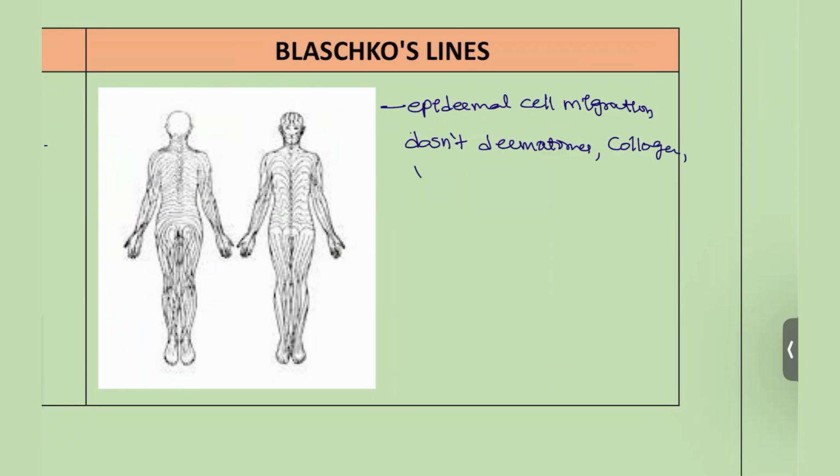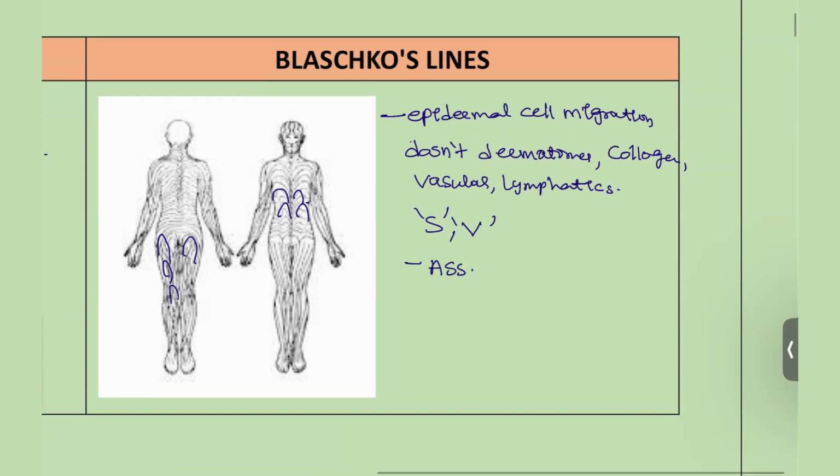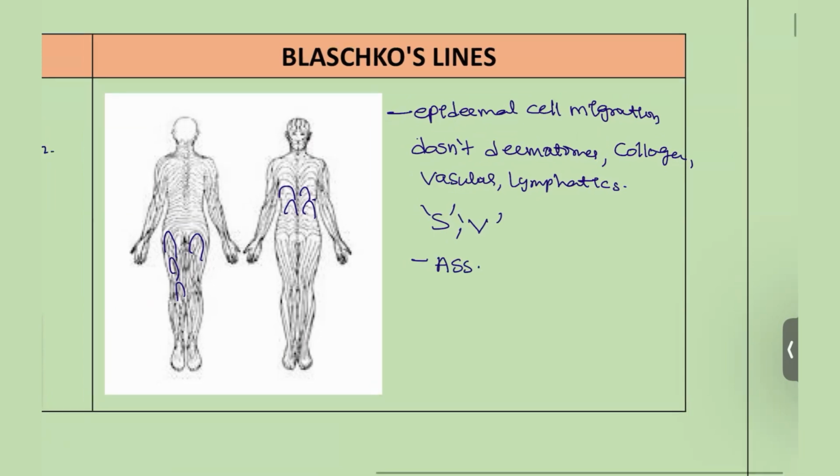They are not horizontal and continuous; they are seen as S shapes or V shapes. They are associated with pathologies like incontinentia pigmenti. These are associated with Blaschko lines.